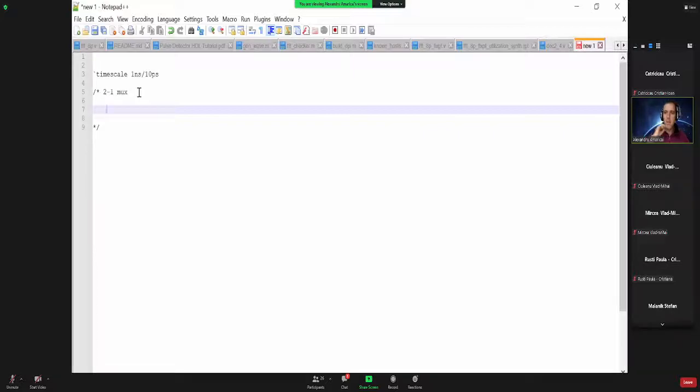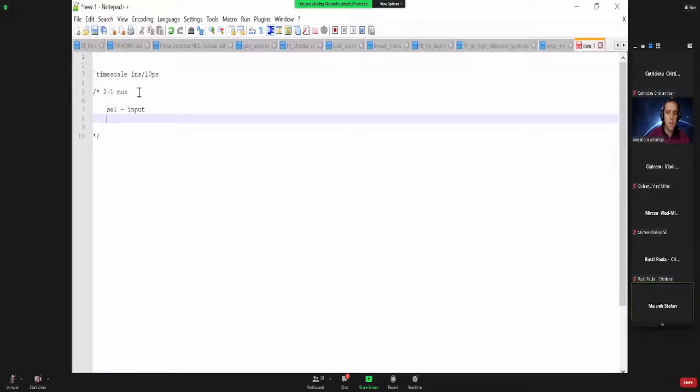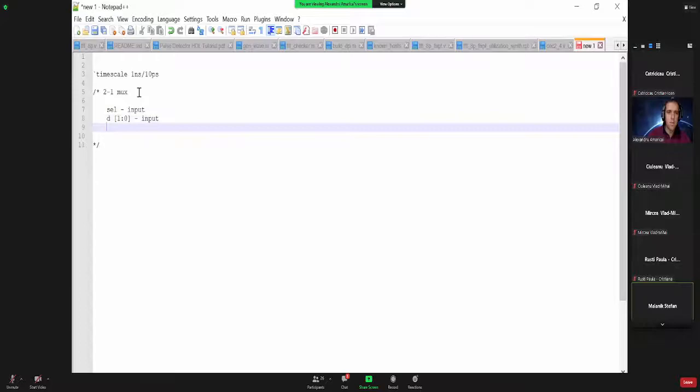For a multiplexer, one input should be the select line. So you have a select input. Another should be the actual input that has to be selected. How many in this case? 2 lines. And then the output, 1.